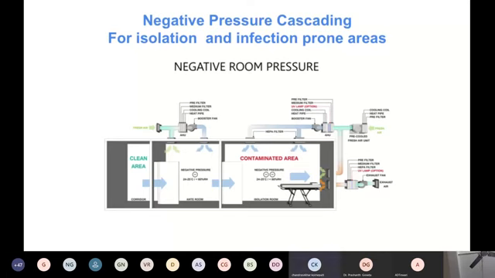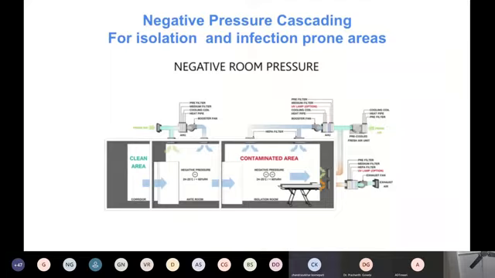Now, negative pressure cascading for isolation and infection-prone areas. This is definitely an important subject, because negative pressure zones for isolation areas are not being properly concentrated on and zoned.